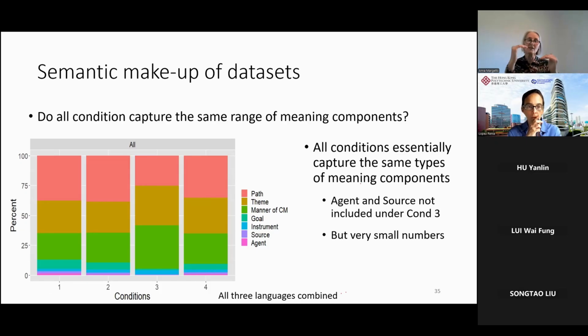There is some difference in the frequency maybe, but overall the main meaning components, the top 5, seem to be all represented. Agent and source gestures are not represented under condition 3, but we have so few of them that we can really ignore them rather than considering that a main difference. So overall, we capture the same type of meanings.